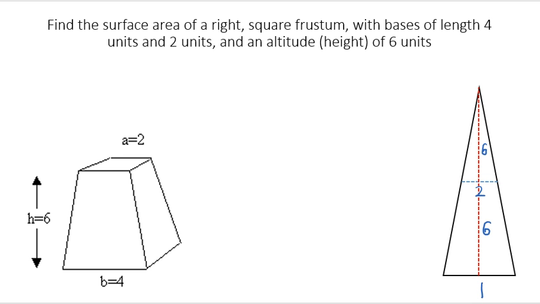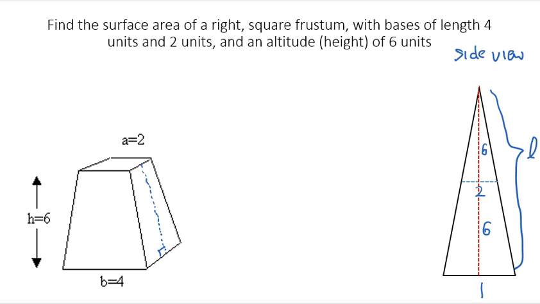Now, for the triangles that were formed, we need to know not the lengths along the edges, but the slant height. If you look at it, this is a side view. The slant height would be the height along this slanted edge, so that would be our L's.